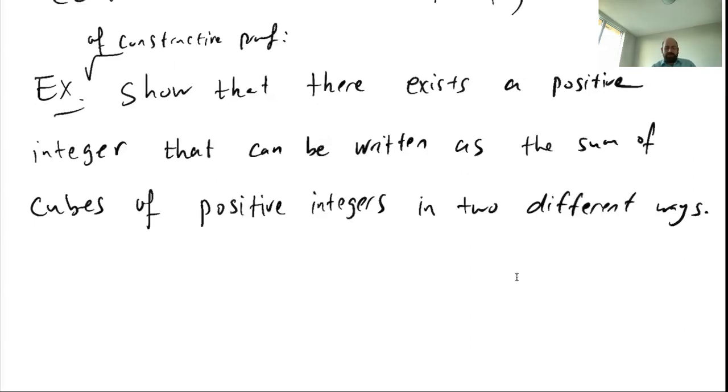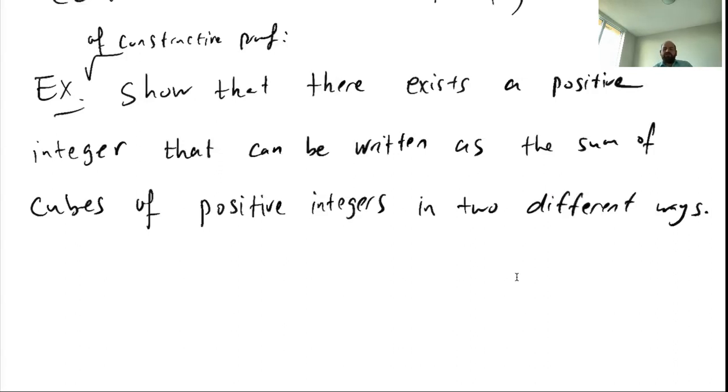But it's just one way. You want to find an integer that can be written as the sum of cubes of two integers in at least two different ways. So 9 can be written as 1 cube plus 2 cube, but that's just one way. We need two different ways. So we are looking for such objects.